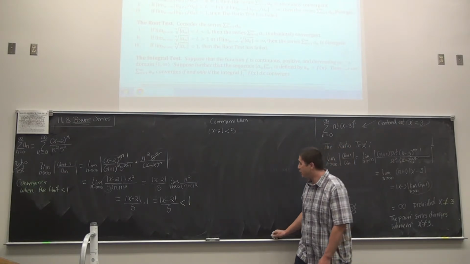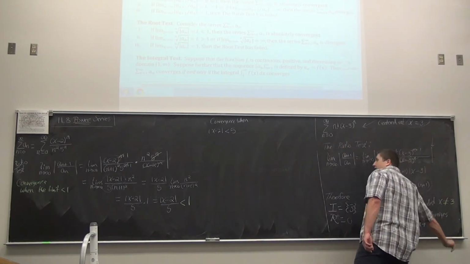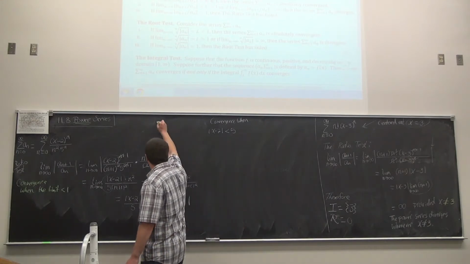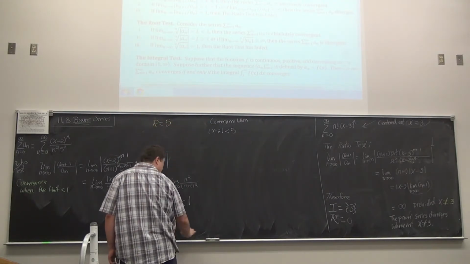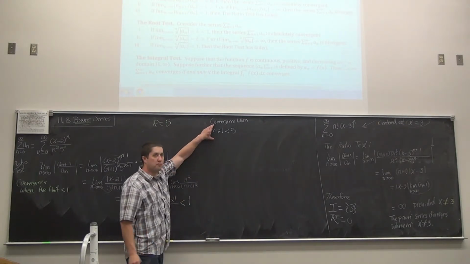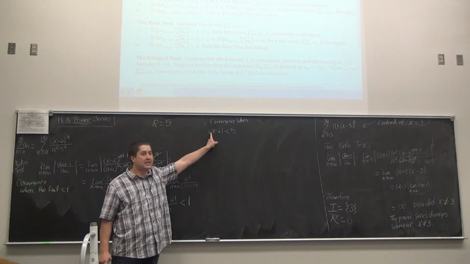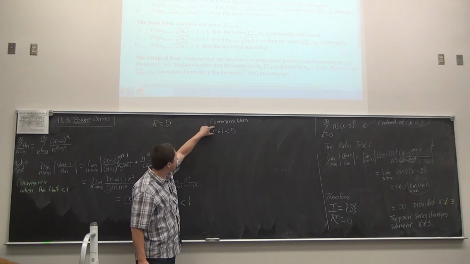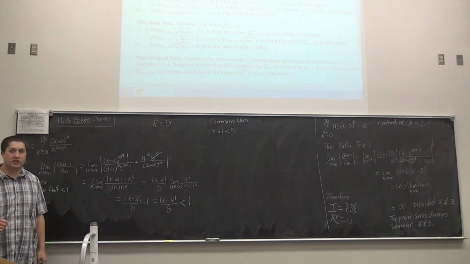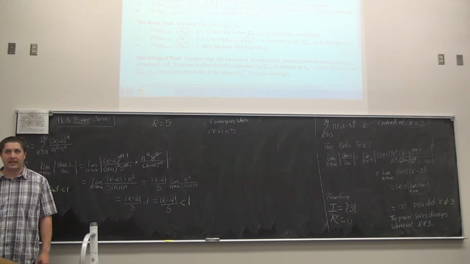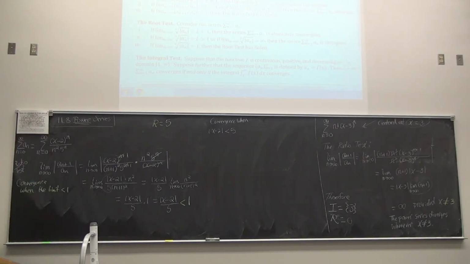This tells us at this stage already that the actual radius of convergence is 5 itself. So as soon as you have something in this form, as long as there's no multiplications on x, then the distance from x to 2 has to be less than 5, would tell us the radius of convergence. That's something we can also double check after we get the interval of convergence next. Any questions to that step so far?